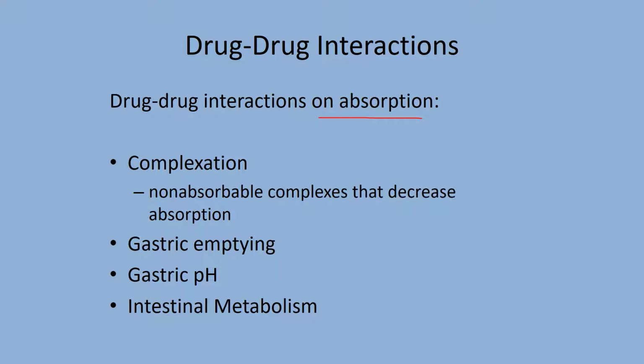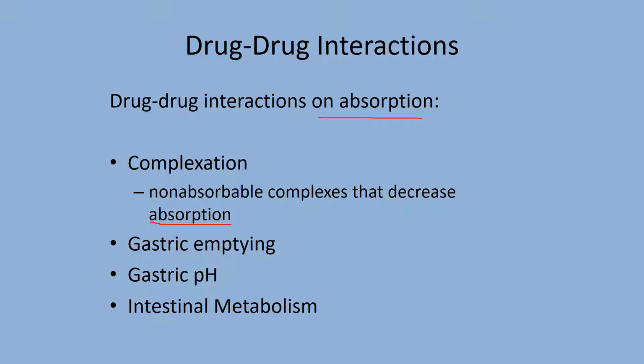This is going to occur in the digestive tract, and what it causes is the drug to just pass through our body. So complexed, it can't get absorbed into the blood supply of the intestines and just passes right through.